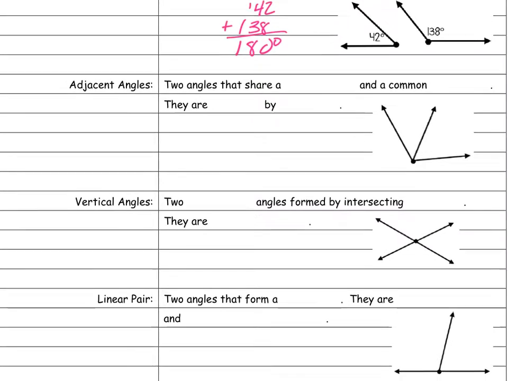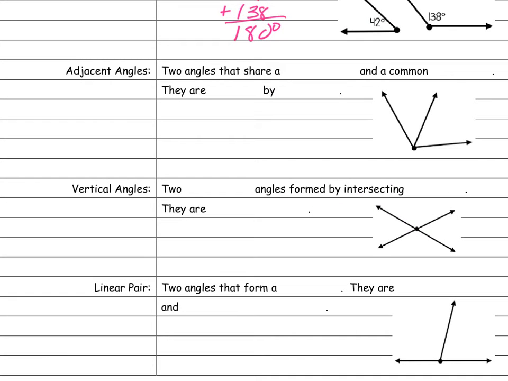We're going to spend a little bit more time talking about the next three words. Adjacent angles are two angles that share a vertex and a common side.